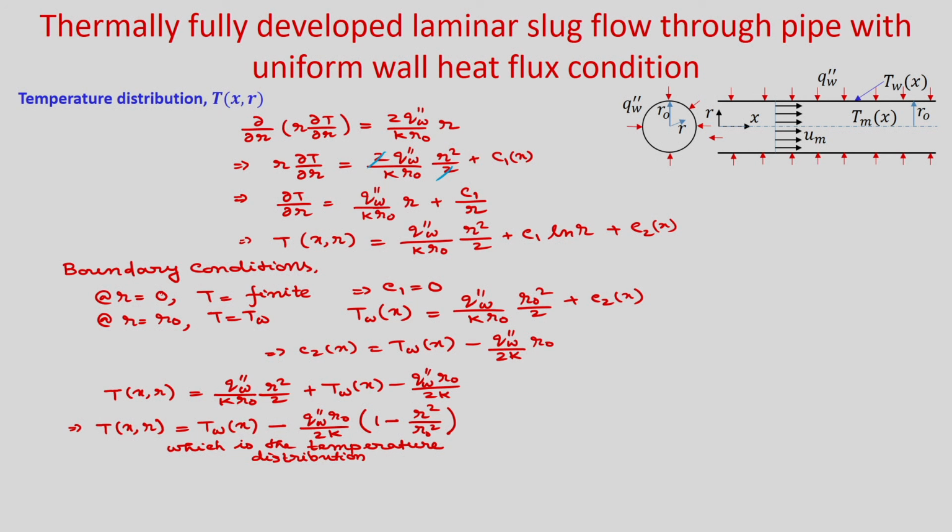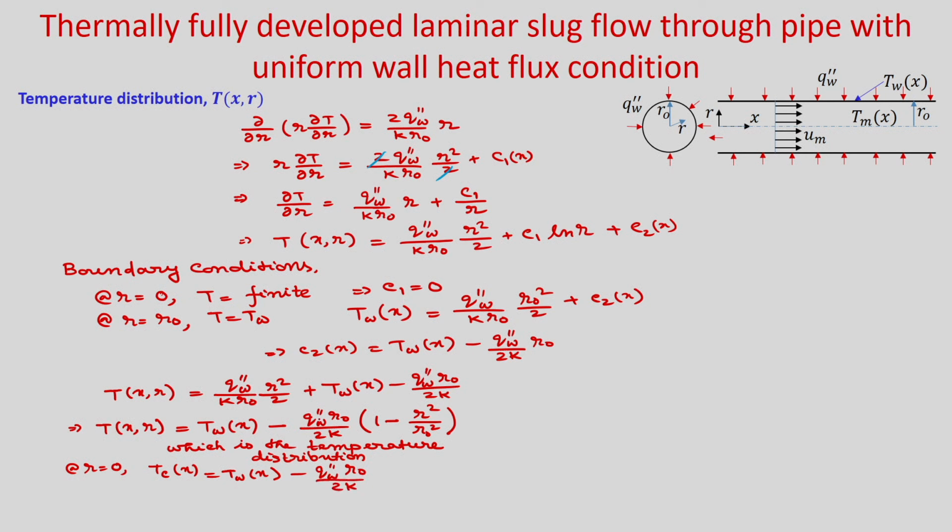Now, if you write in terms of the center line temperature, then you put at r equal to 0, T equal to Tc. So, at r equal to 0, your centerline temperature will be Tc, a function of x, equals Tw(x) minus q″w r naught by twice k.